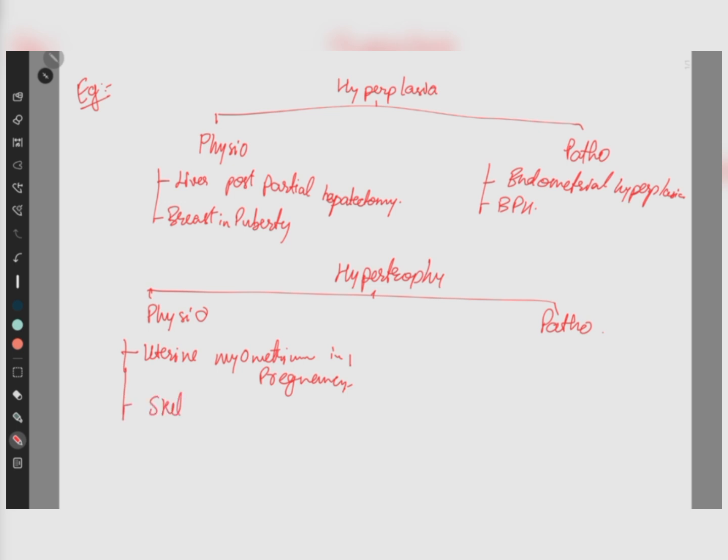Second is seen in skeletal muscle in bodybuilders. We generally see this in our daily life. Pathological example is left ventricular hypertrophy. With this, we have finished our topic of hyperplasia and hypertrophy. Moving forward, we will talk about atrophy.